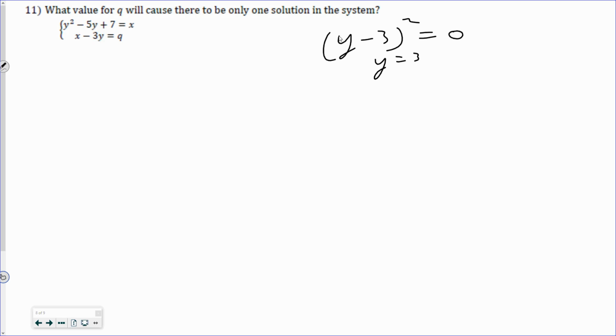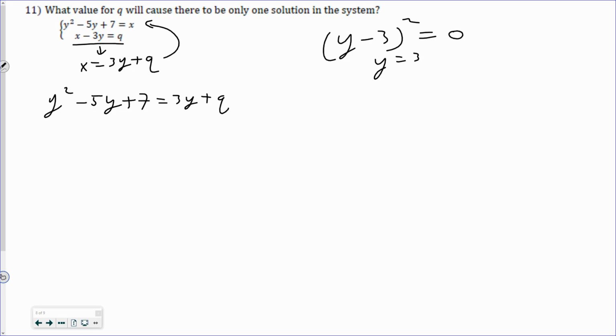So if you have one solution, what you're looking for is a perfect square trinomial, like y minus 3 squared. For this problem, I'm going to solve for x. So x is 3y plus q, and plug it into the first equation to get y squared minus 5y plus 7 is 3y plus q.